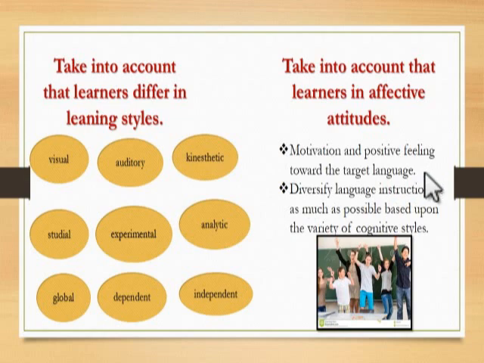This is very important because if our students are not motivated, they are not going to learn. Diversify language instruction as much as possible based upon the variety of cognitive styles. So we have to create different kinds of material for the different cognitive styles.